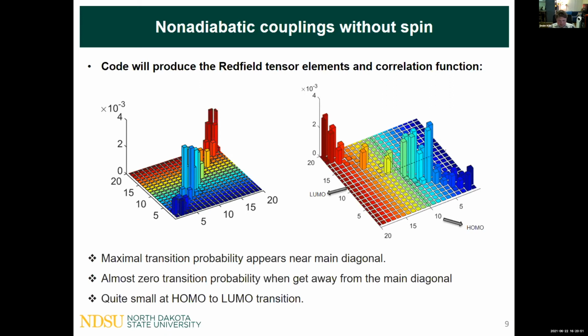So this LUMO to HOMO transition is expected to be 1,000 times lower than the nearby ones.